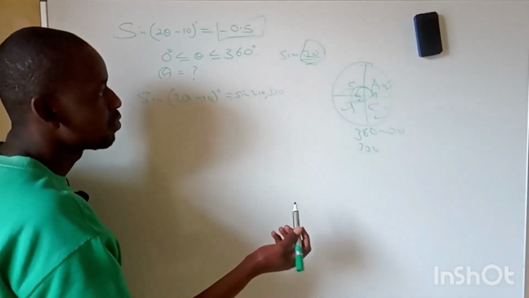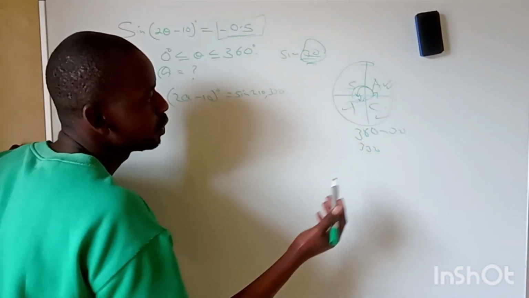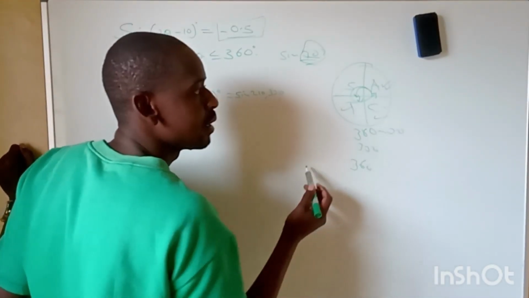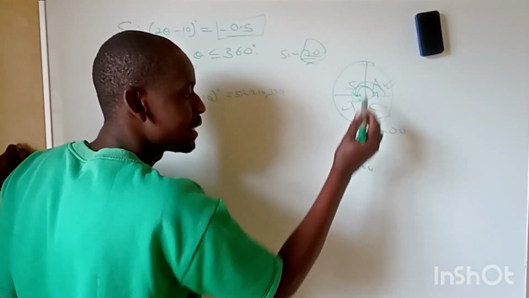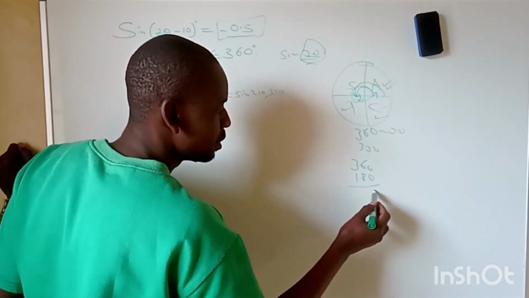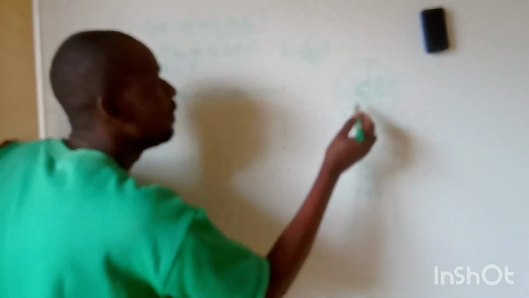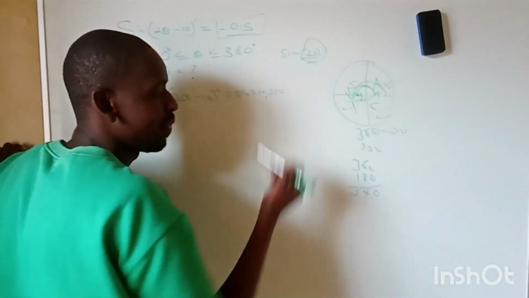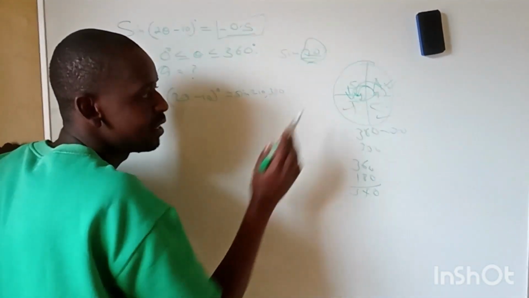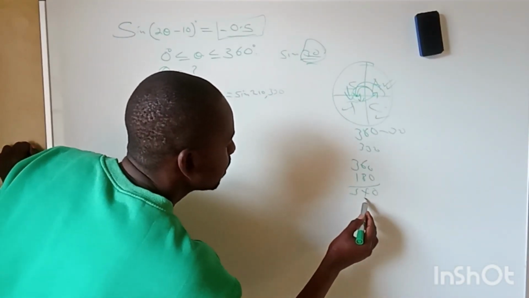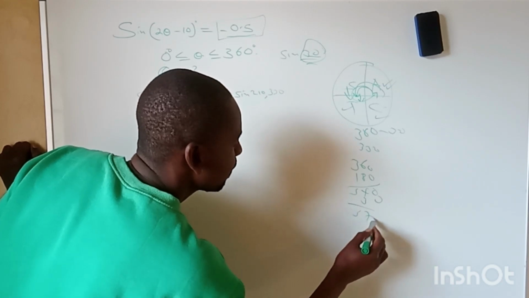So let's go to the second round. In the second round, we go 360 up to there, then we add 180, which gives 540. Then you add that 30 for you to fall in the third quadrant in the second round, and you get 570.